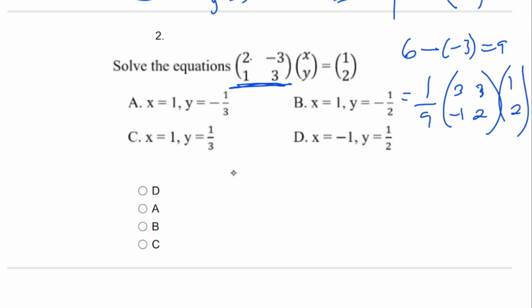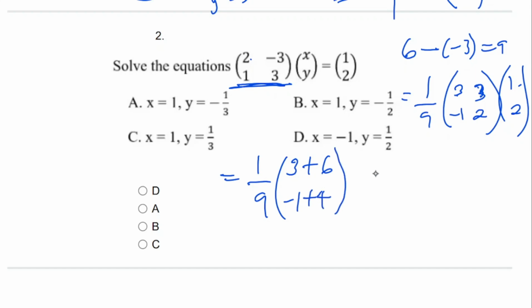So we then have 1 over 9. It's so easy when you know it. So 3 times 1 is going to be 3, plus 3 times 2, that's going to be 6. Then minus 1 times 1 is going to be minus 1, 2 times 2 is going to be plus 4. So we're going to have 9 and 3, then 1 all over 9.